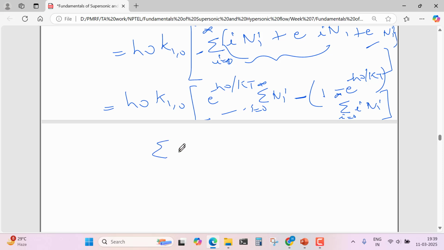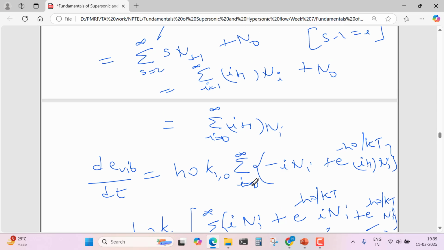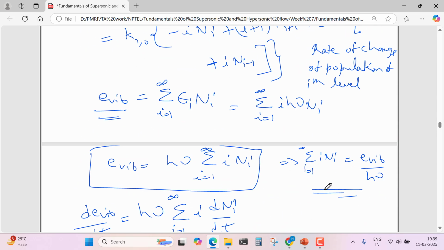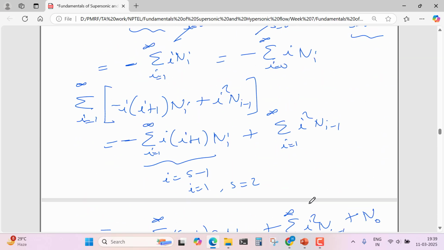Now sigma n_i, i equal to 0 to infinity, is nothing but N, total number of particles, and before we have found sigma i n_i, i equal to 0 to infinity, is nothing but E vibrational upon h nu in the starting itself. Here we substitute it here.